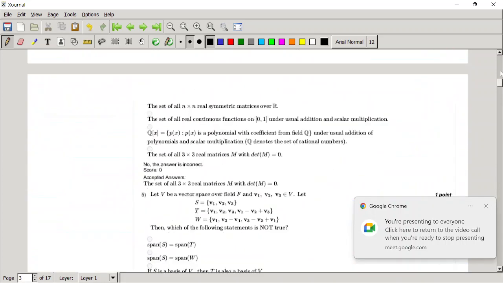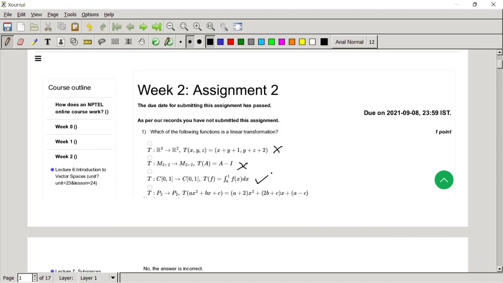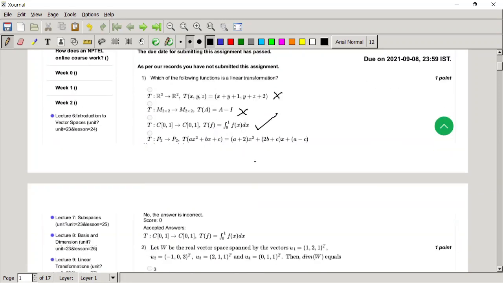But of course we have to check option 4 also. C is the correct option here, but we will check option 4 as well. The function defined here is T of ax square plus bx plus c equal to a plus 2 times x square plus 2b plus c times x plus a minus c.